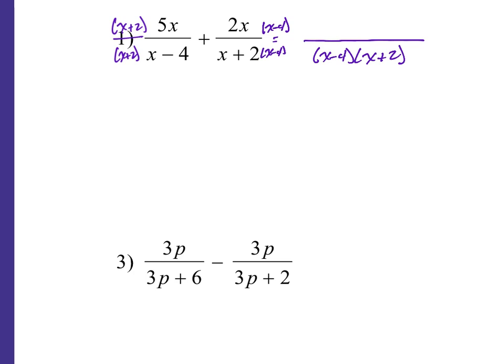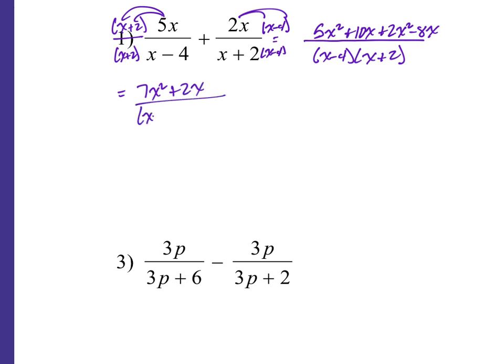Nice job. And then I'm going to distribute. So I've got 5x squared plus 10x plus 2x squared minus 8x, which should give me, what does that give me? 7x squared plus 2x all over x minus 4 times x plus 2.